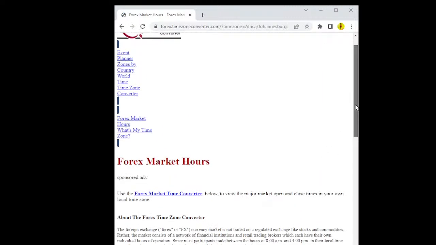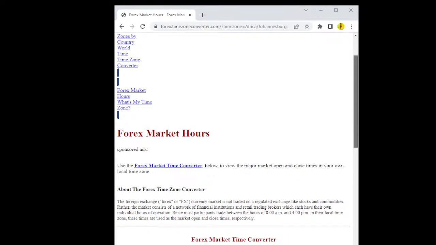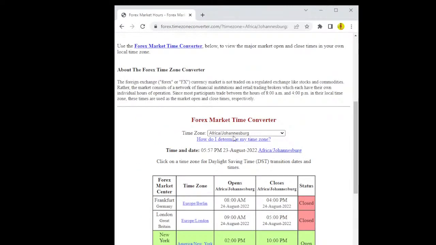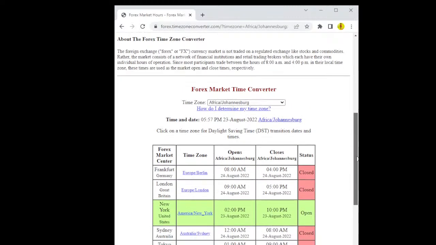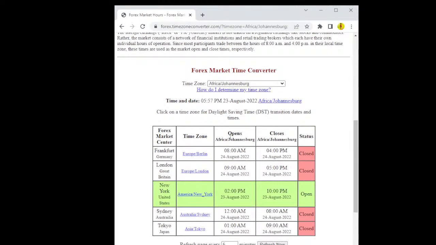Once you select your time zone, you can see here that it's changed. This website refreshes, I think, every 5 minutes. You can see it says Africa, Johannesburg. So the times that we're going to see here at the bottom are already converted for my particular time zone. As you can see here, there's a table.